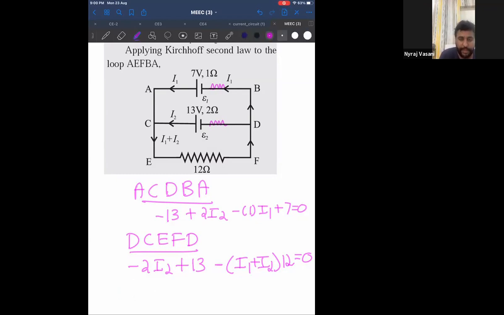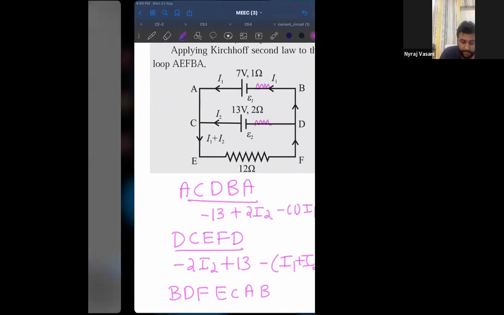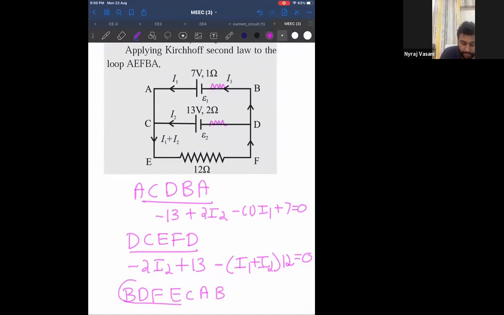Tell me if you can give me KVL in the loop B, D, F, E, C, A, B. Try. Then I'll also show you. So try to put KVL into that loop and give me the answer.